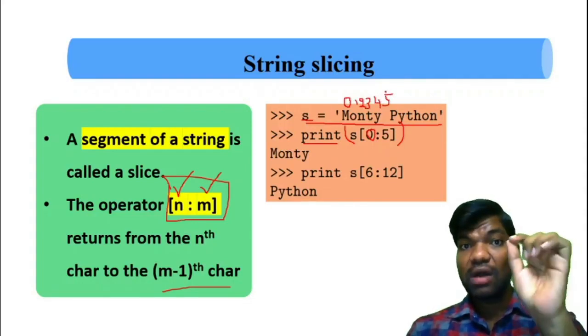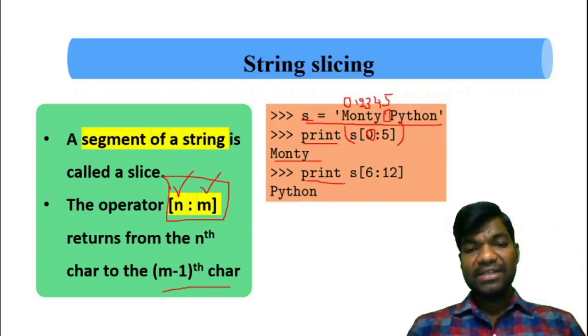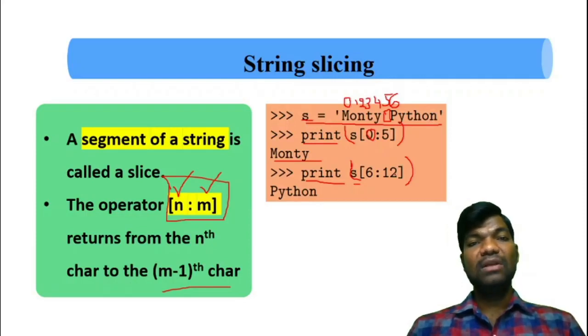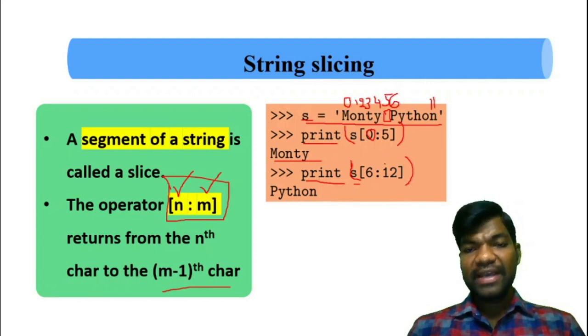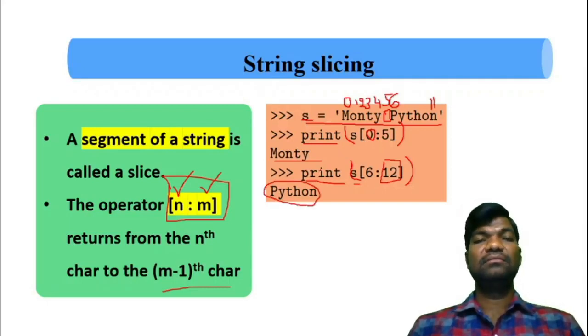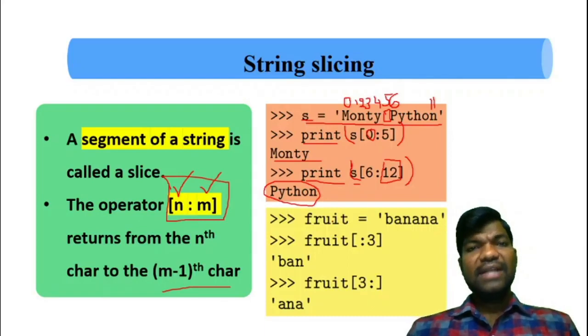Space is also countable, right? Then print S from 6. So you are starting at 6: P is 7, 8, 9, 10, 11, 12. You are giving 12 instead of 11, because if you give 11, it will print up to O. That's why you are giving 12. So Python is printed, right?